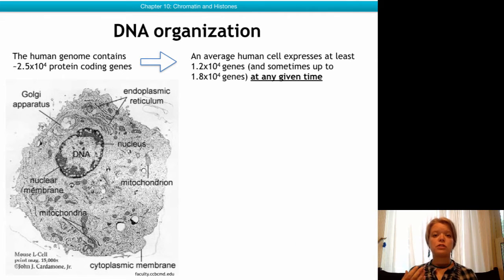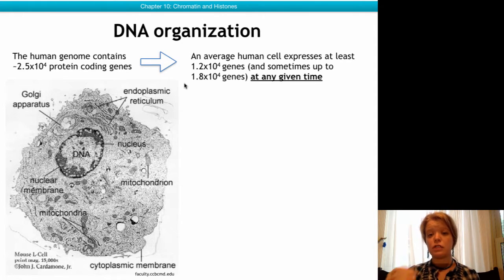But there's not just the problem of the size of DNA molecules inside our nuclei. It's also the fact that we express a lot of genes from these DNA molecules at any given time. A single cell is likely to express about 1,800 genes at any given time.